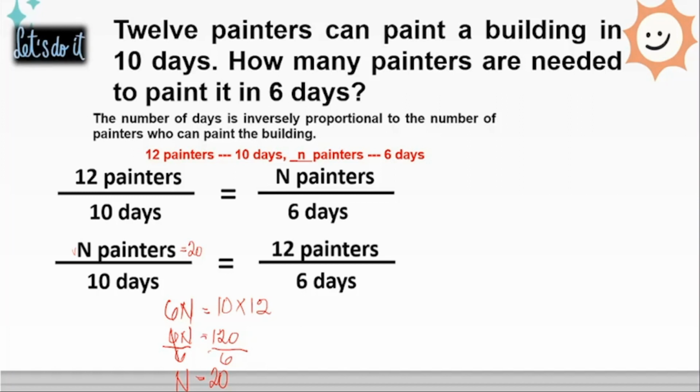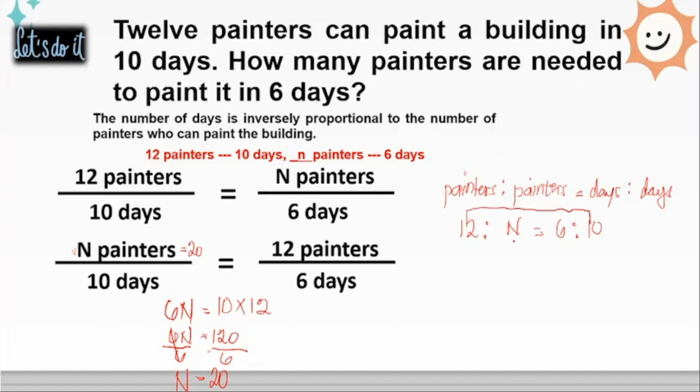It can also be done with proportion. For indirect, what we do is painters to painters, right? So painters to painters. Here I used the indirect proportion setup, as days to days. First, painters 12 as second, n is the missing one. I started from left to right for the painters. For the days, start from right to left. So 6 days as 10 days. Okay, so then we can do the extremes and means multiplication.